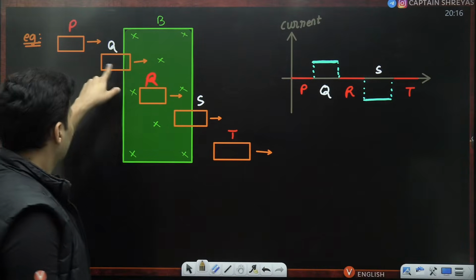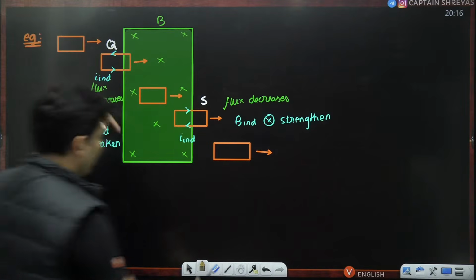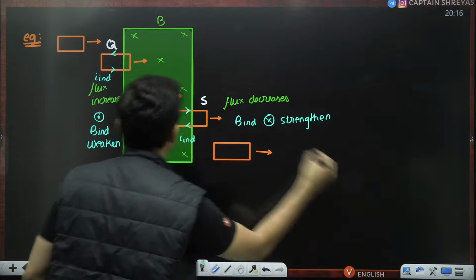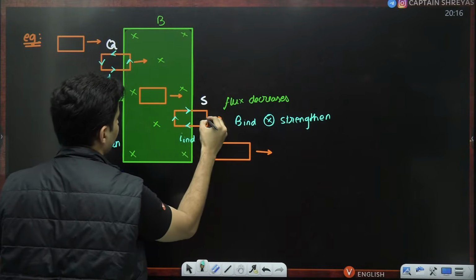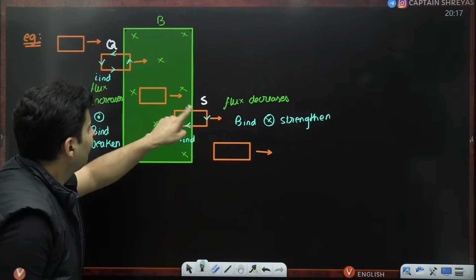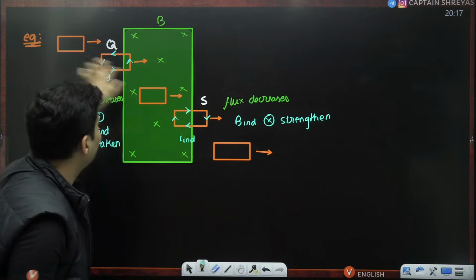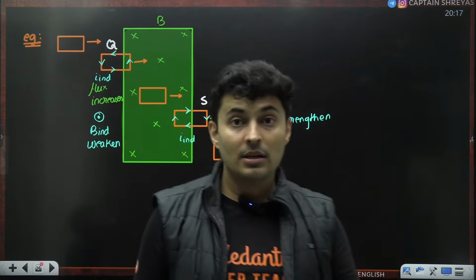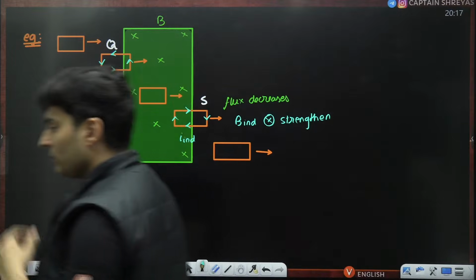Tell me one thing over here. When the current is anti-clockwise in this scenario, versus the current is clockwise here, will there be any kind of force which will be experienced by this loop in any of these cases? Will there be any force on the loop in any of these cases?